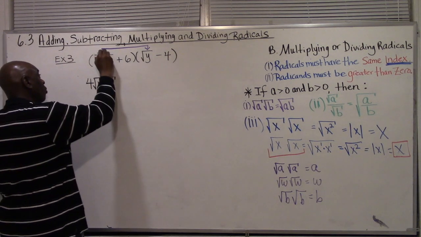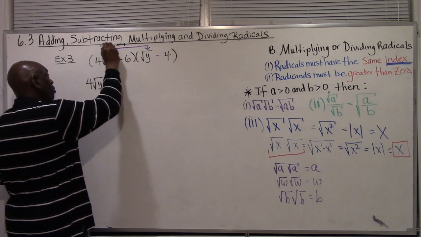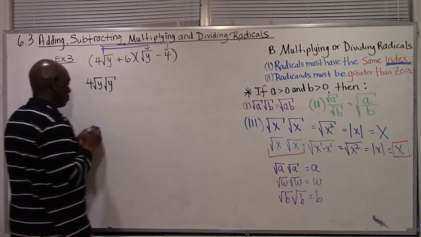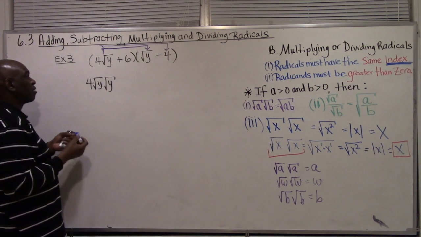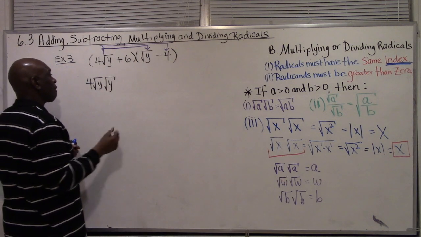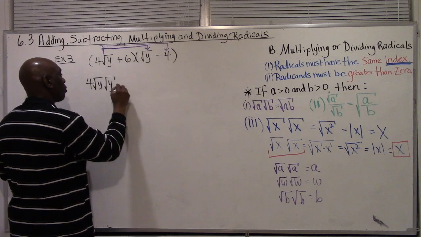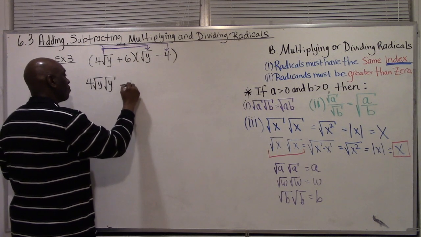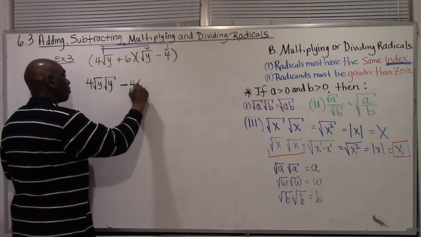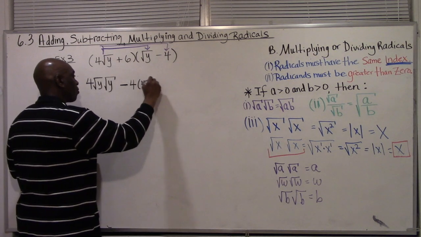And then I'm going to have 4 radical y times a minus 4. All right. So it's going to be a negative 4 times 4 radical y.